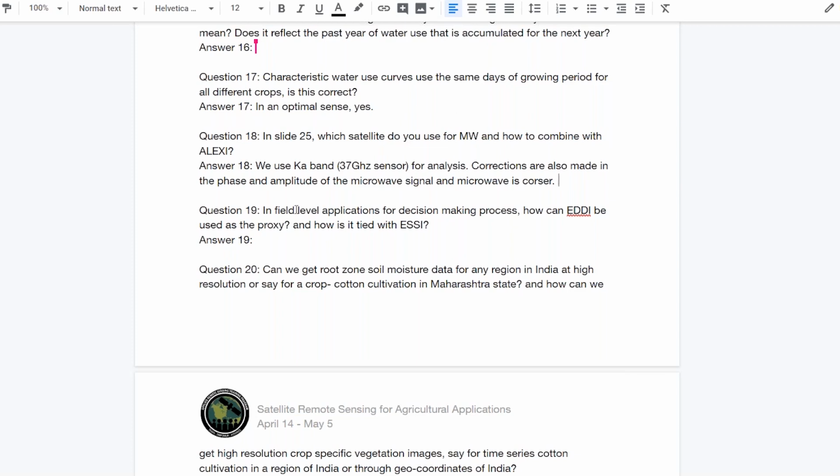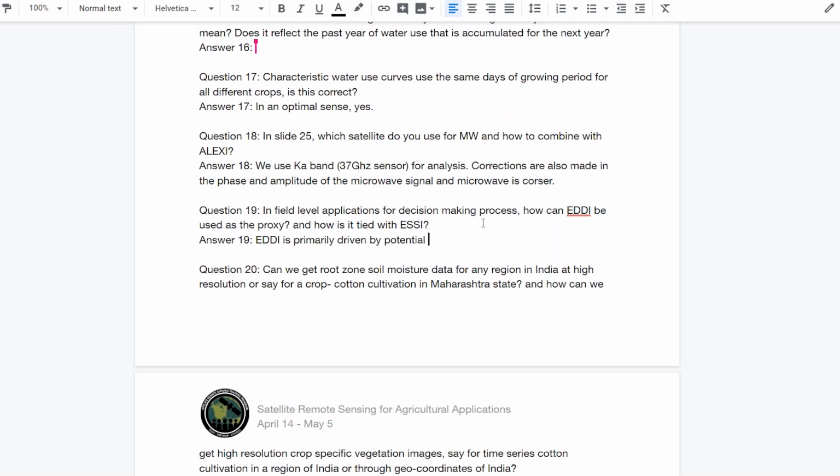Okay, question 19. In field level applications for decision-making process, how can EDDI be used as the proxy and how is it tied with ESI? I think EDDI, as I said, is really driven by potential ET, or changes in potential or reference ET. So EDDI will see essentially the atmospheric signal before there's actually any response in the land surface.